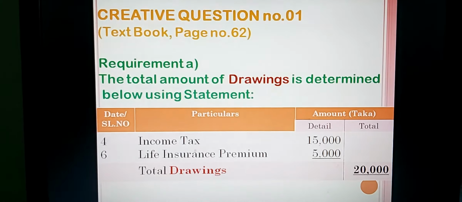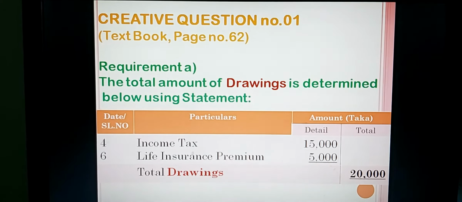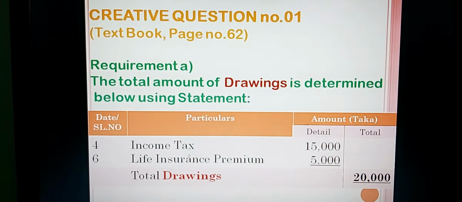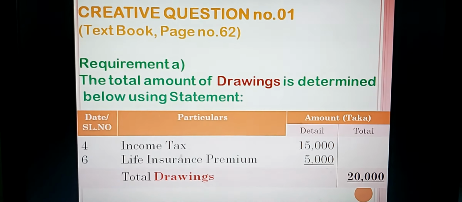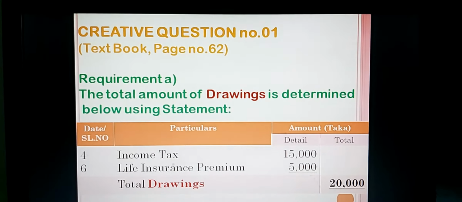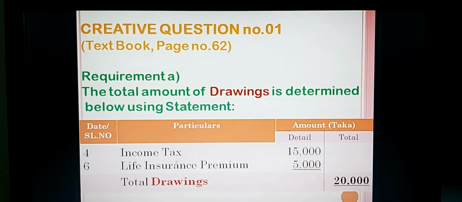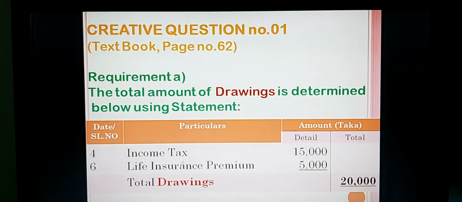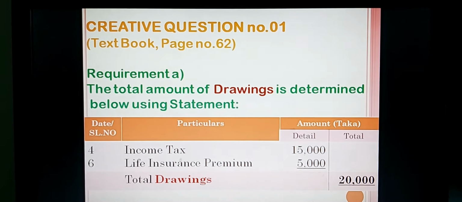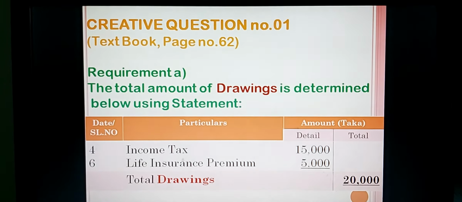Requirement number 1: total amount of drawings. Requirement number 2: total amount of assets. Requirement number 3: total amount of liabilities. So I think you have already taken your copy and pen for writing the solution of creative question number 1.